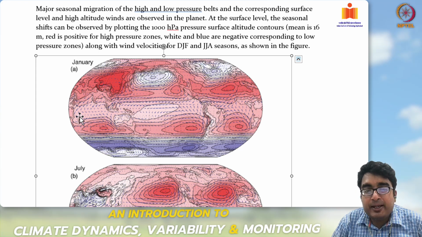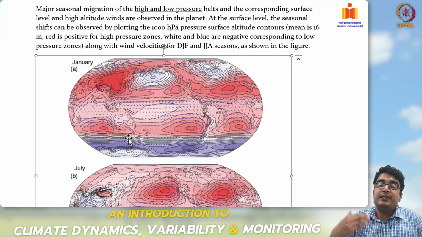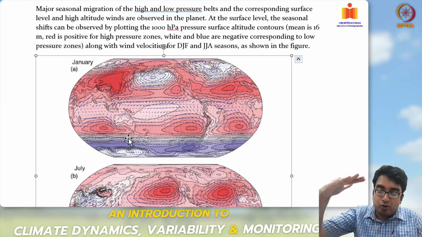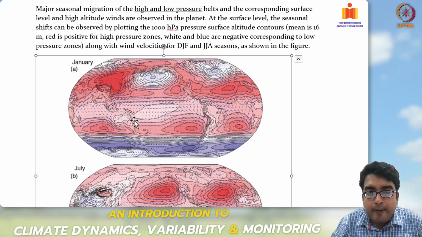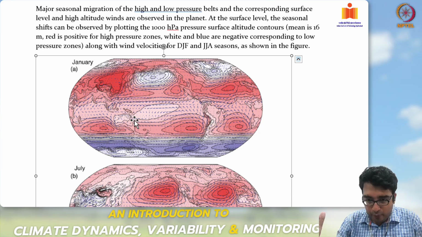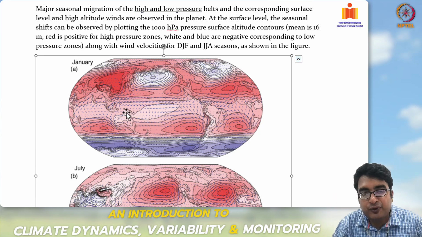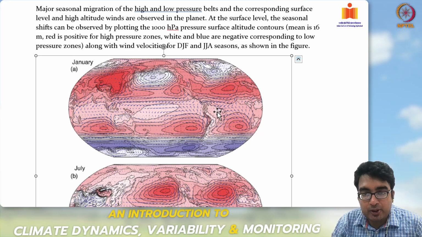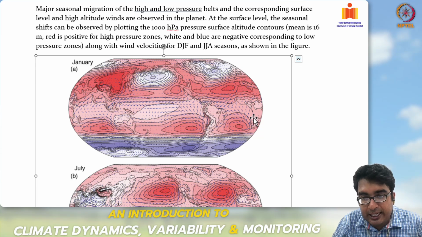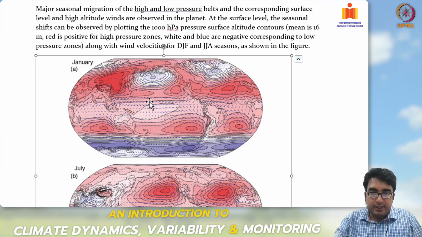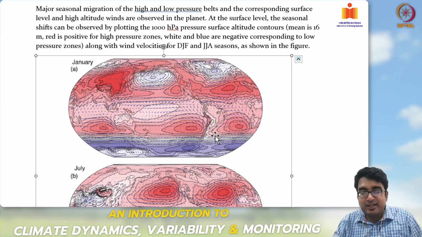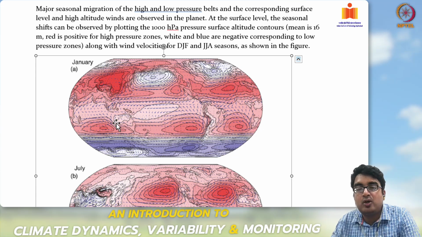And this tropical low pressure belt has shifted somewhat southwards because in January the southern hemisphere is hotter, so you have strong high temperature and low pressure zones developing in the southern hemisphere continents, Southern Africa, Latin America and Australia. As a result, the equatorial low pressure belt shifts southwards, and this excursion is very strong, especially over the continents.